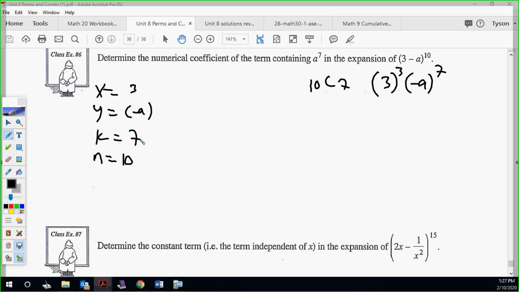I'll do the exponent way as well. If you don't like what I'm doing here, it's fine. So this is if you want to figure out the exponent way yourself. You would have 10Ck. You'd have 3 to the 10 minus k, and you'd have negative a to the k.